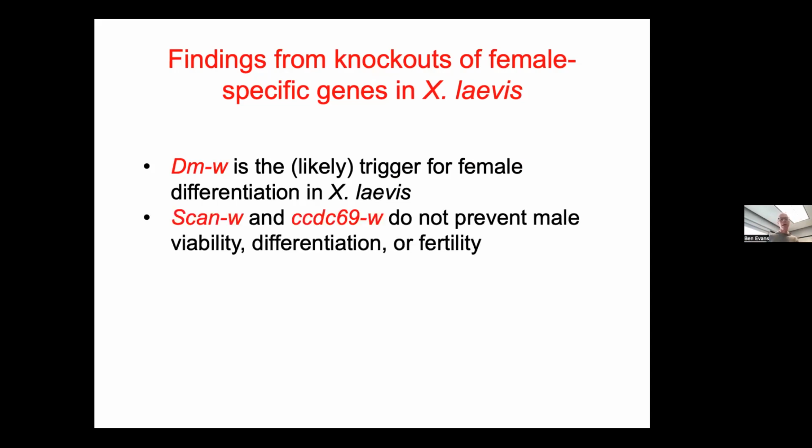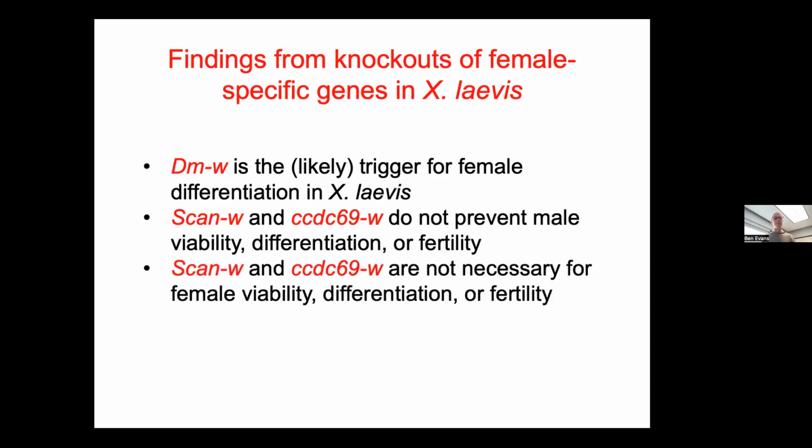And then they also tell us that SCAN and CCDC69 are not necessary for female differentiation, and as well, they don't prevent male viability, differentiation, or fertility, because we know that females that have the knockout gene of DMW develop into males that are completely functional, fertile, and viable. And again, these two genes are not necessary for female viability, differentiation, or fertility, because when we knock them out, females still develop into normal females.